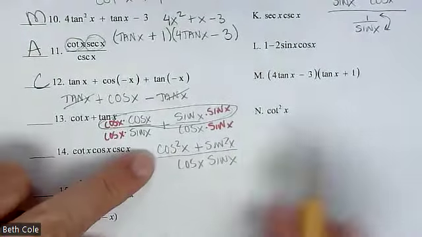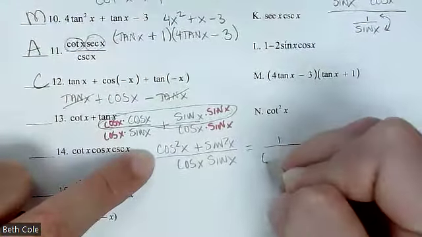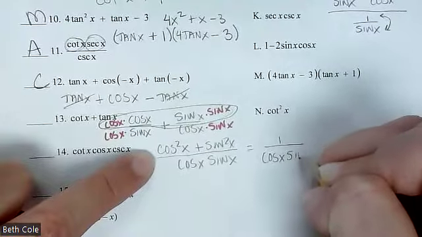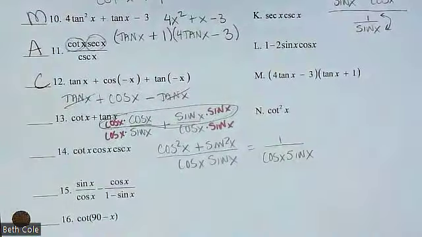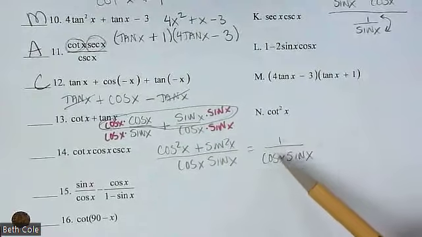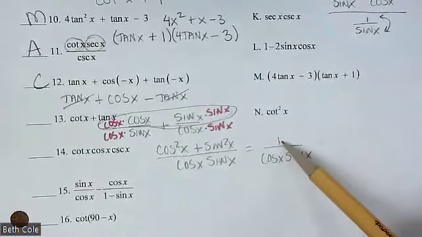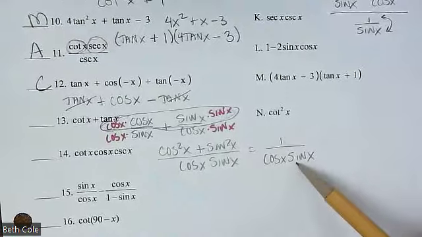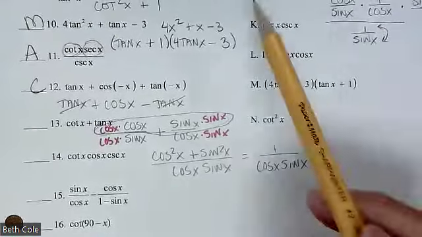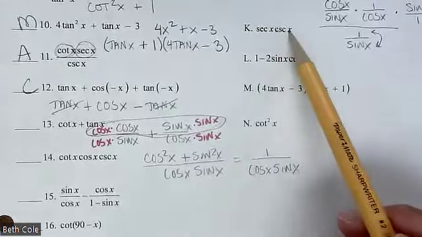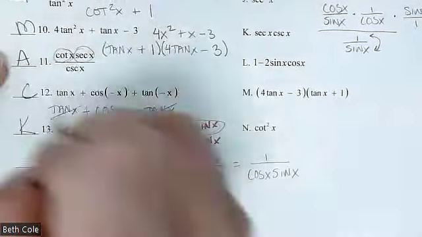What is that numerator? 1. Yeah, 1. And then you do these separately. 1 over cosine would be what? Secant. And 1 over sine would be cosecant. So that would be K for that one.